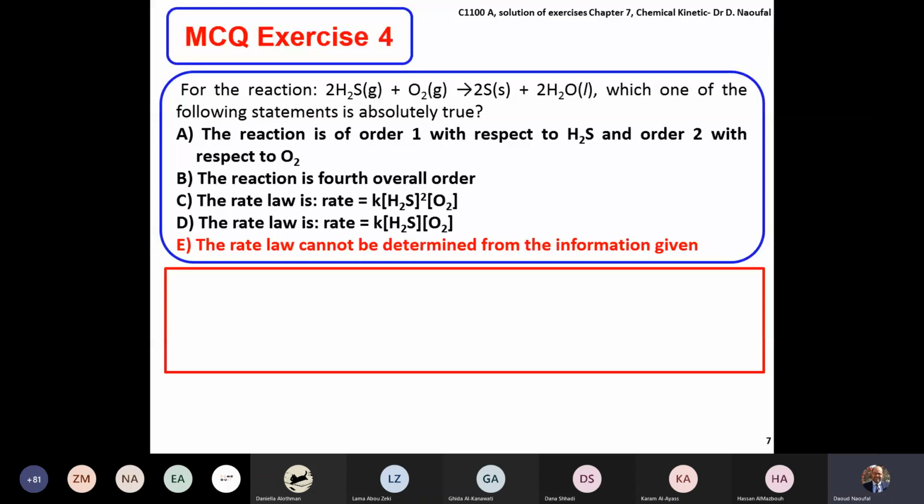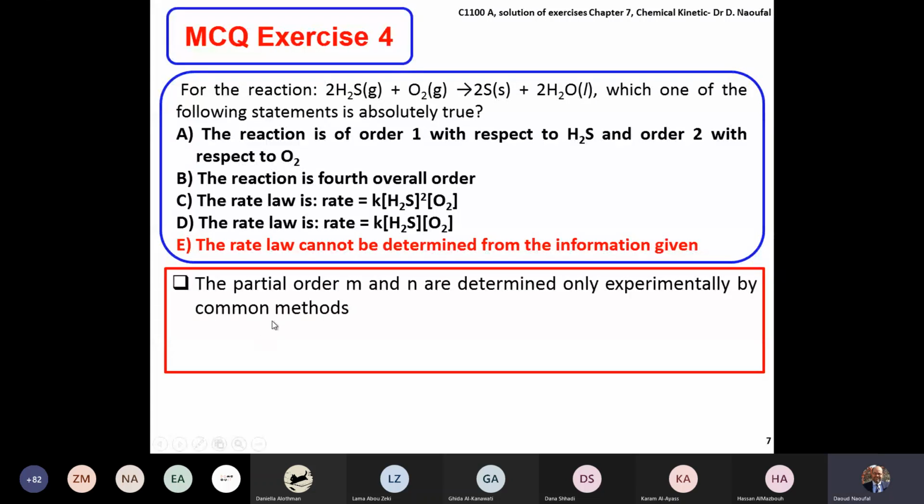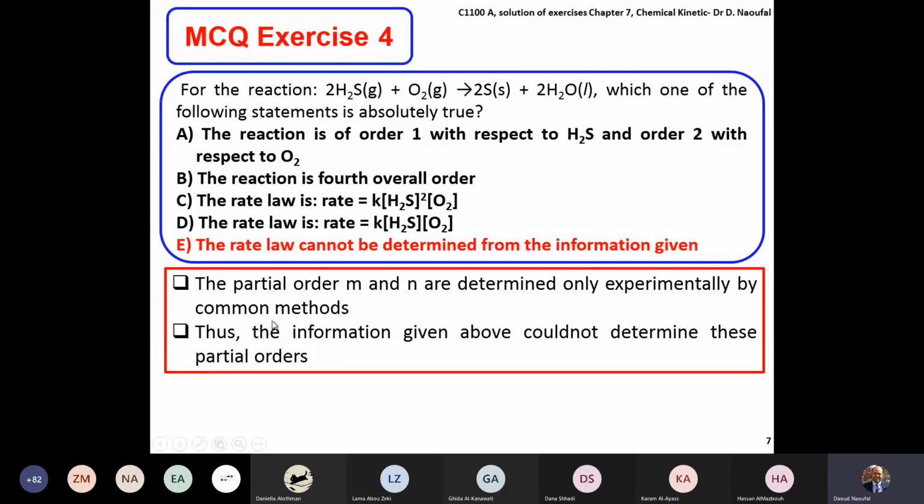Method 3, the integrated rate law. Method 4, the unit of k. Method 5, T-half. So according to the data given, we could not determine the partial orders of the reaction, M and N. The information given could not determine these partial orders, and the correct answer is E.